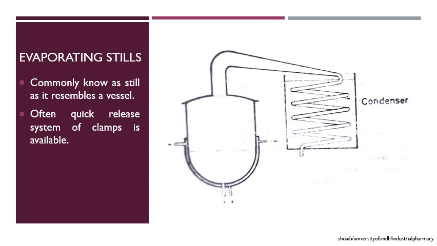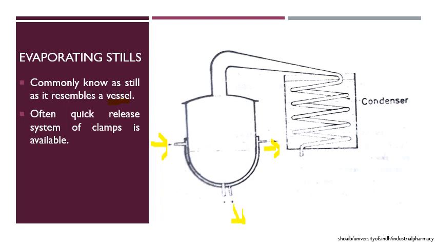The next type of natural circulation evaporator is the evaporating still. Why are these called stills? Because they resemble a vessel. As with the pan evaporators, there is an inlet for the steam, an outlet for the air over here, and an outlet for the condensate.